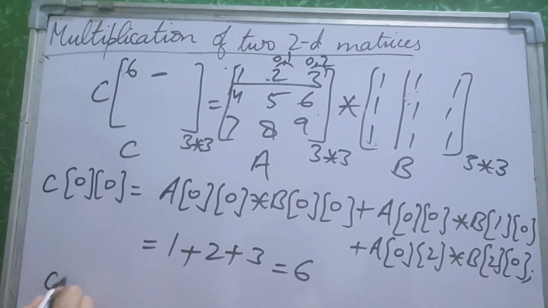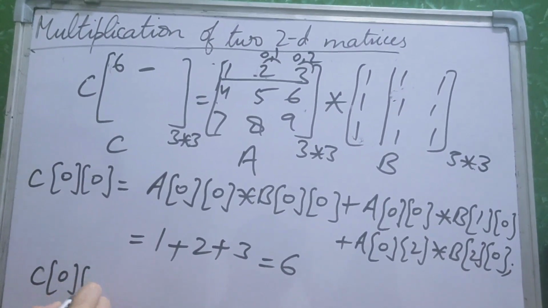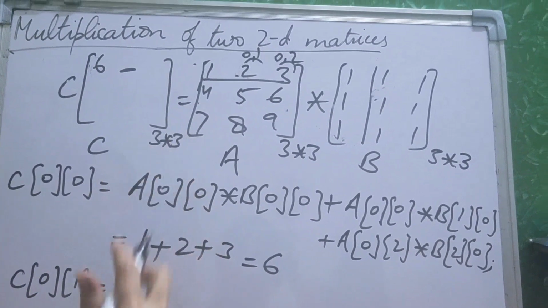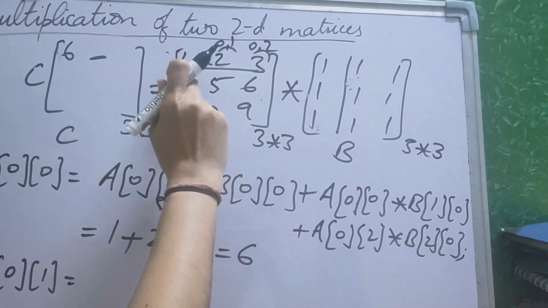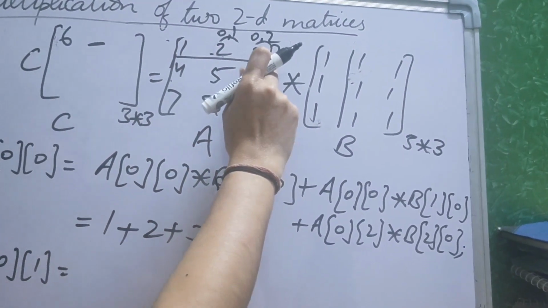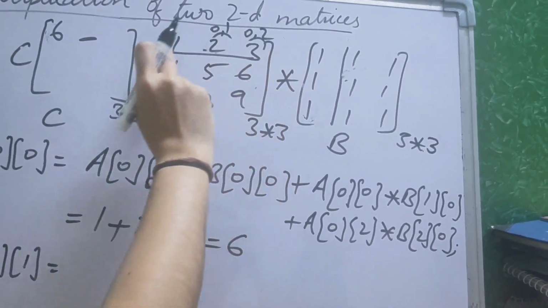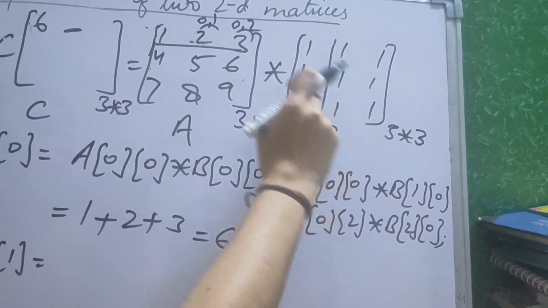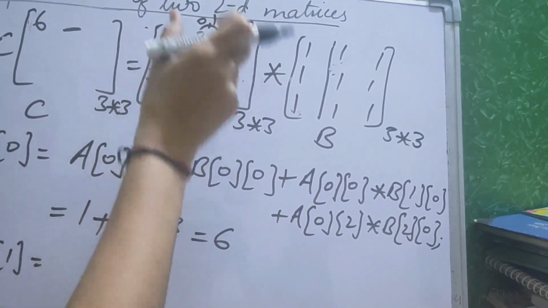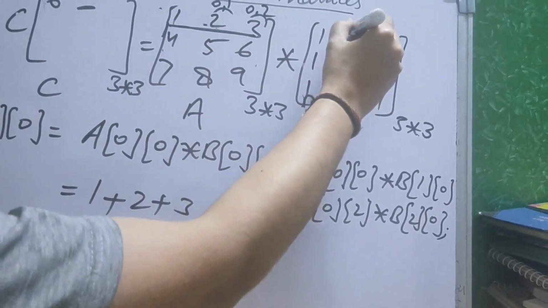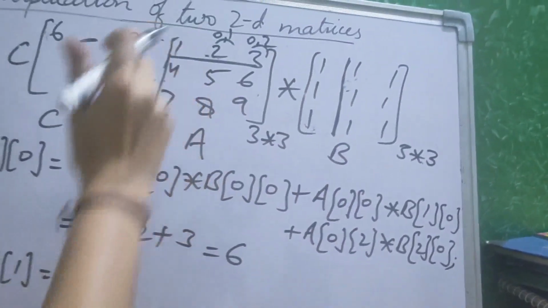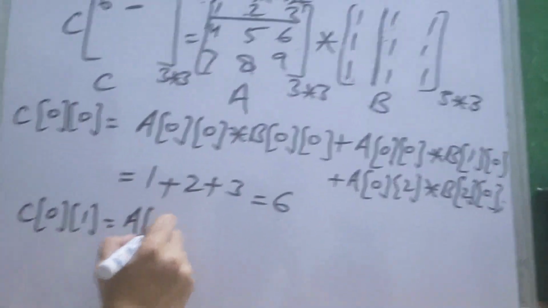Next, C 0 1 equals to this. Now this column, this row, the row of A and column of B, this one multiplied by this one. Then what will be the index values of these?